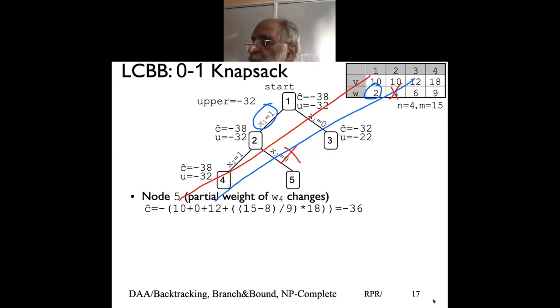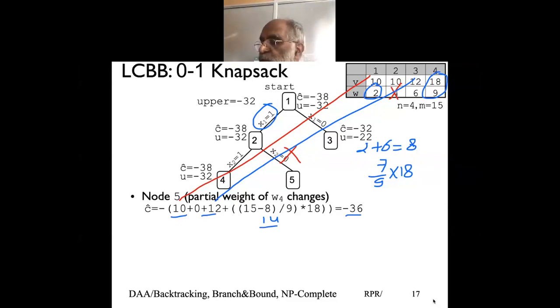When I already included 2 plus 6, I already have a weight of 8. My capacity left is 7. So I take 7 weight out of the 9. So the value I'll get is 7 by 9 into 18, which is 14. So if you add 10 plus 12 plus 14, it is 36. And since everything is minus, you get minus 36. So my C hat x for node 5 is minus 36.